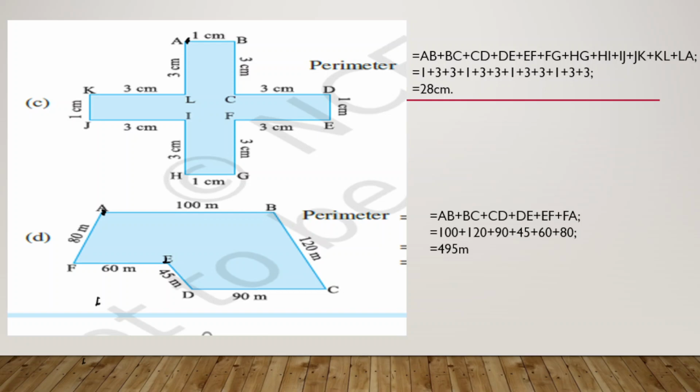To find out the perimeter of this closed figure, we need to start from the point A. AB is 1 centimeter, BC is 3 centimeters, CD 3 centimeters, DE 1 centimeter, EF 3 centimeters and FG 3 centimeters, GH 1 centimeter, HI 3 centimeters, IJ 3 centimeters, JK 1 centimeter, KL 3 centimeters, and LA 3 centimeters, and we completed one round.